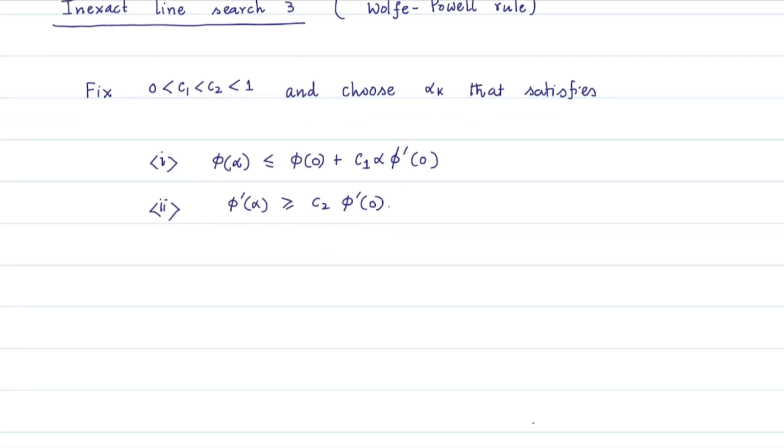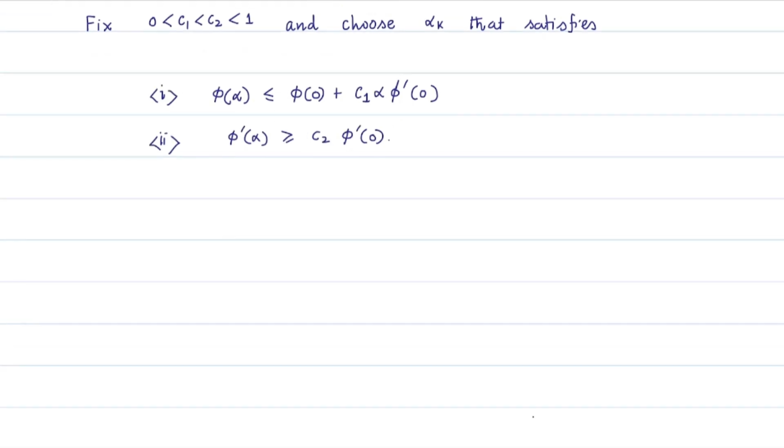Let us now figure out, in a hypothetical figure for y equals phi alpha, where both these two conditions are satisfied.